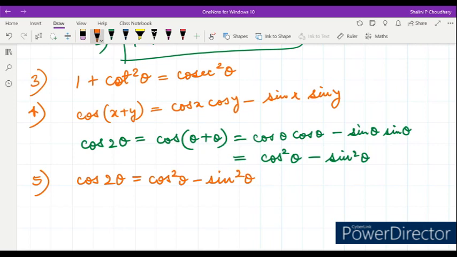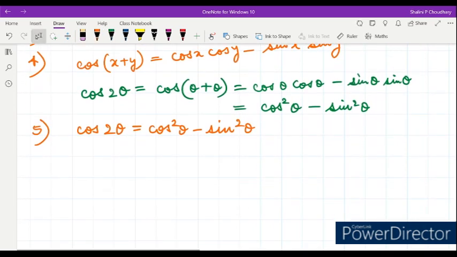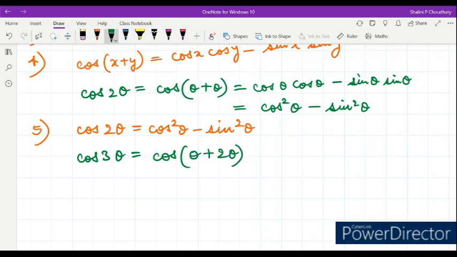Okay, so based on this one we can also find out the formula of cos 3 theta. So that will be cos of theta plus 2 theta. Okay, so it will be cos theta cos 2 theta minus sin theta sin 2 theta. So instead of cos 2 theta, if we put this value, what will we get?